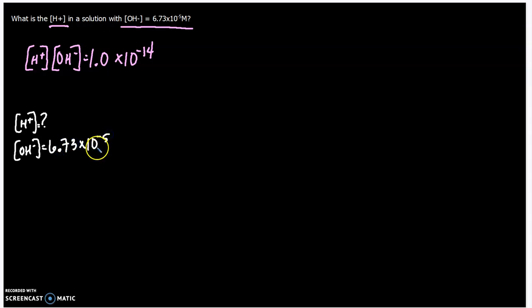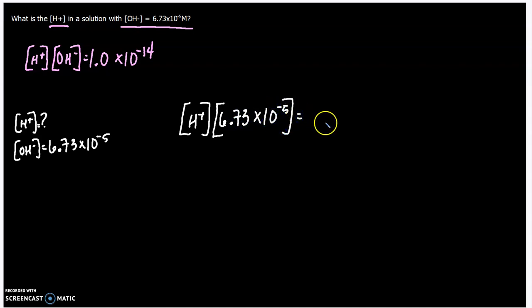All right, now I can just plug this into my equation. So, we'll work over here. H plus, nothing happened to it because we don't know what it is. And then OH is 6.73 times 10 to the negative 5. And this equation will equal 1.0 times 10 to the negative 14.